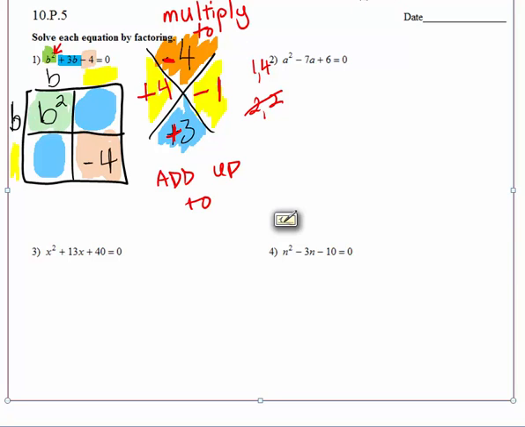That gives me my two factors, +4 and -1. And I'm going to put the results of the multiplication of b and +4 and b and -1 here in the blue boxes. So these blue boxes add up to +3, and so I know that this is correct.